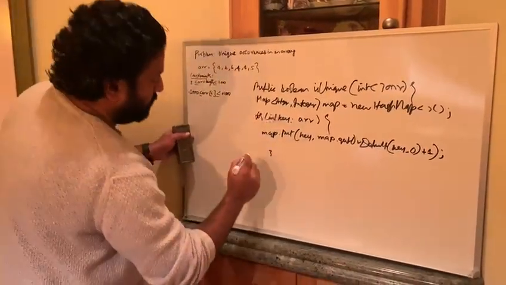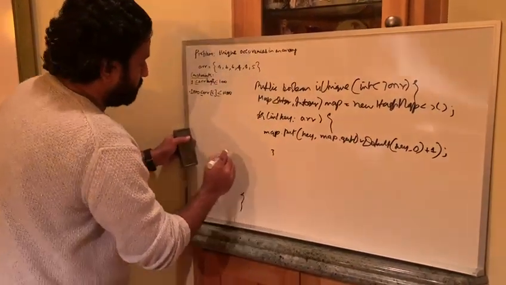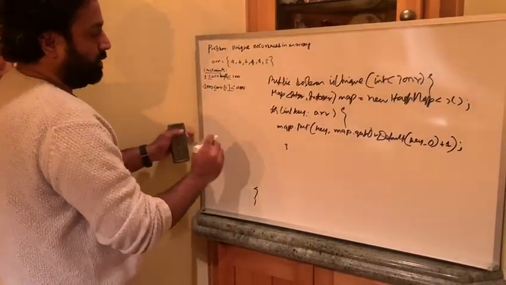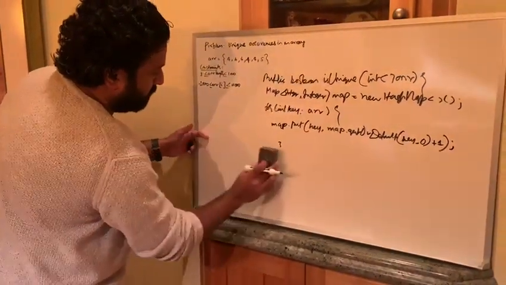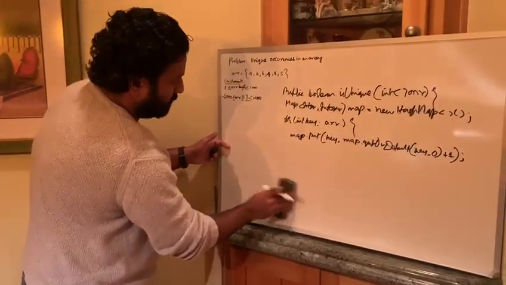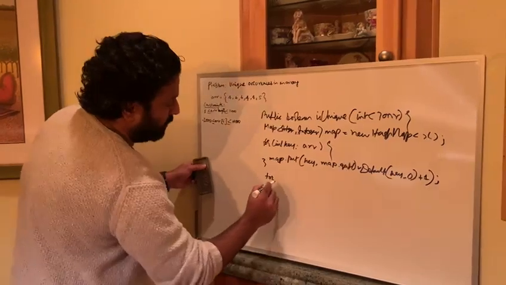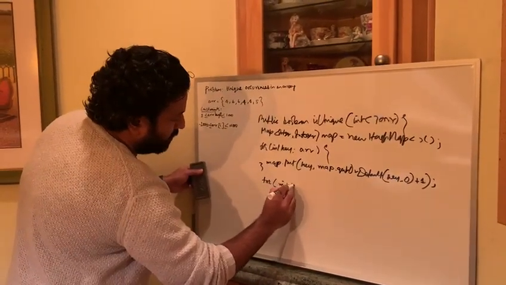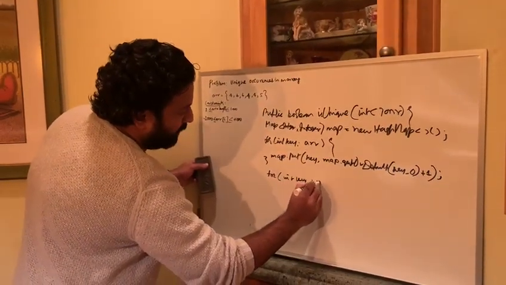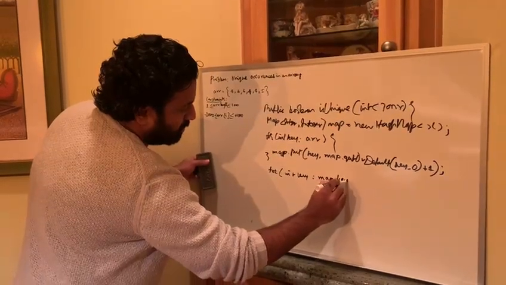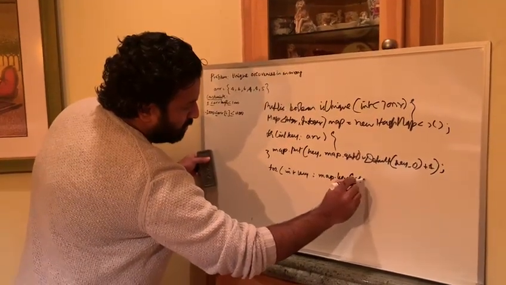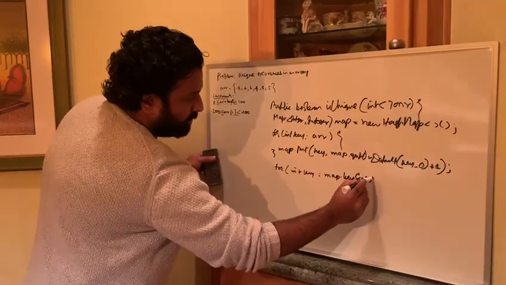And then what we are going to do is open a for loop for int key in map.keySet. This is a method in the map.